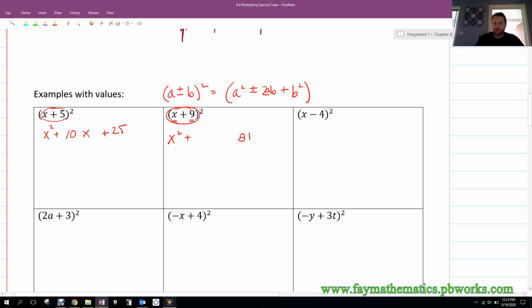Okay. Multiply those together, so you get 9x, and then double the 9, it gives you 18. X minus 4 squared, square that one. Take the negative 4 and square it, so it gives you a positive 16. Multiply those together, so it gives you negative 4x, and then double it.